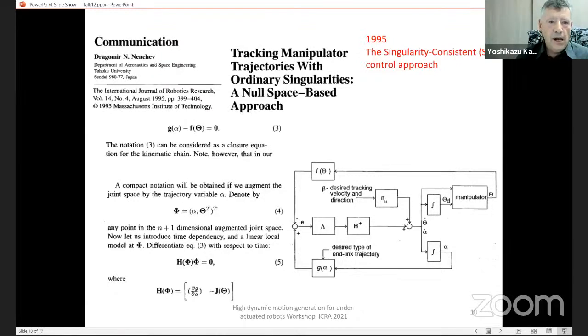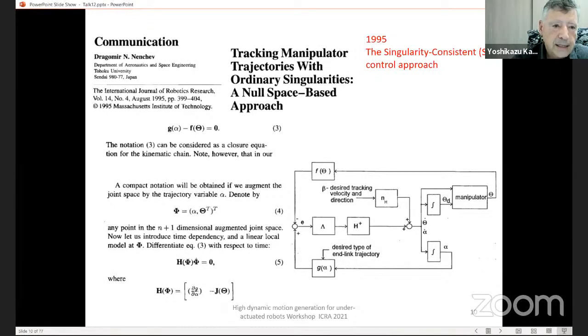Okay, so another topic about motion generation, which I found very important in humanoid robotics as well, is the problem of kinematic singularities. In 1995, I made this publication on a method to deal with so-called ordinary singularities. I'll explain in short what that means.